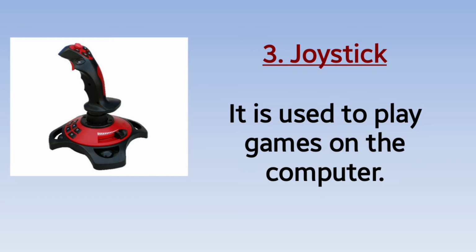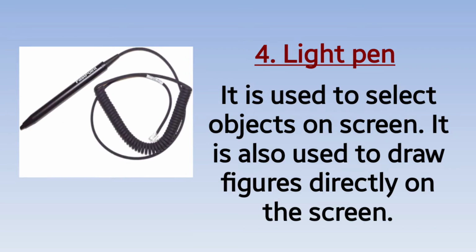Some other input device is light pen. This is light pen. It is used to select objects on screen. It is also used to draw figures directly on the screen. What is the use of light pen?